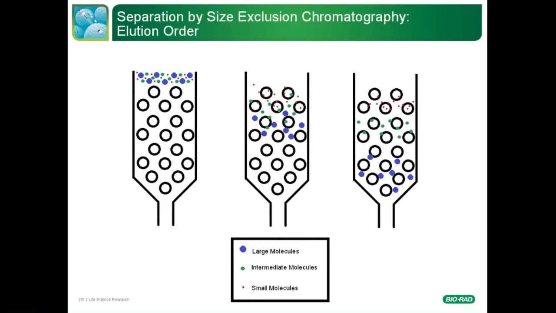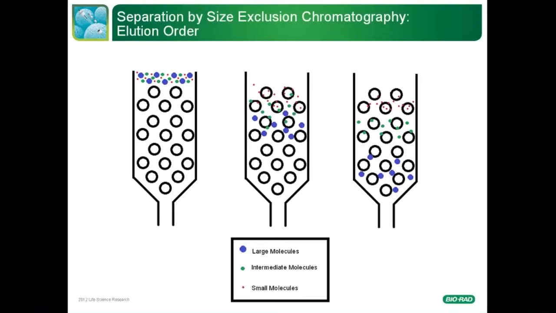They have partial access to the pores, so they can go inside the particles to a limited degree. Behind them are the smallest biomolecules, which take the longest because they have the greatest access into the internal volume of pores of the particles. They take much longer to go in and to come out, so they take much longer to move down through the column.